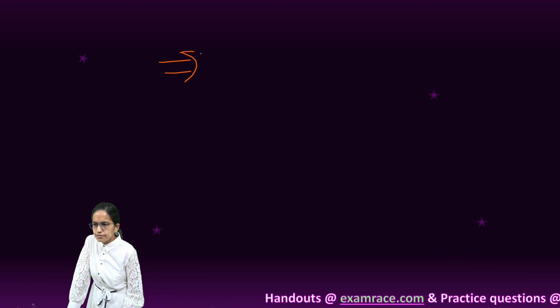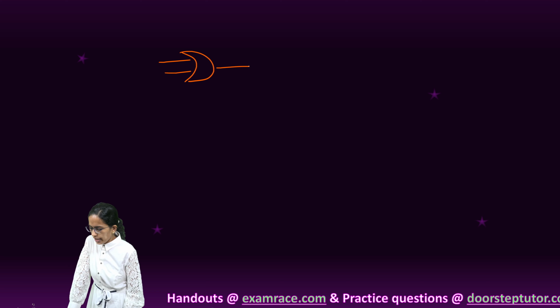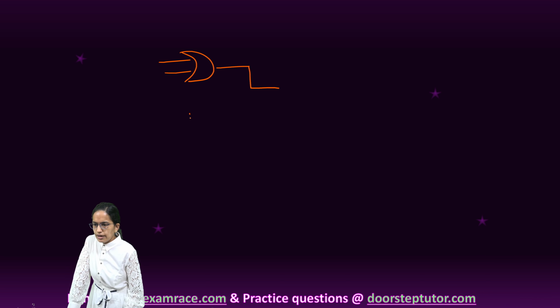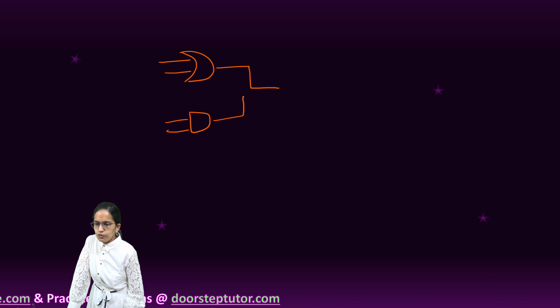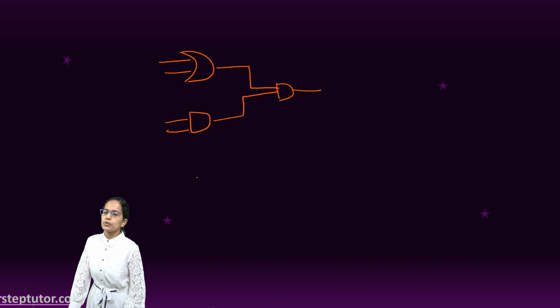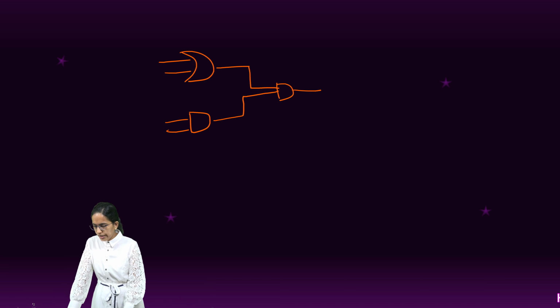Let me pick another example. My next example would be, let's say I have an OR gate. With this OR gate, I have another AND gate which is here, and the outputs for those two are connected to another AND gate, finally going as an output. How would I represent this?